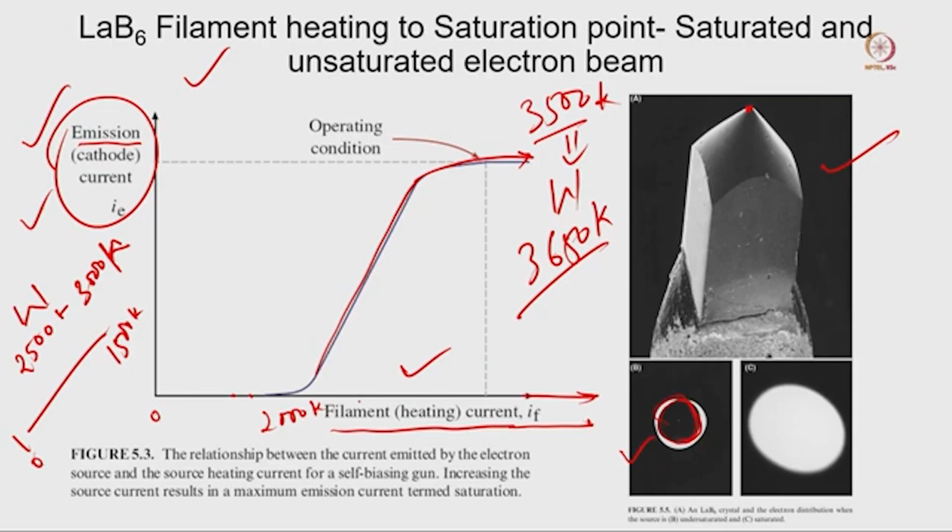So if you gradually increase the heating, and here the heating should be gradual, not in one go from 0 to 3000 Kelvin. Heating will always be gradual, and that will help to heat the filament and get a proper emission current. When the filament is completely saturated, you can see this kind of electron beam in your microscope.